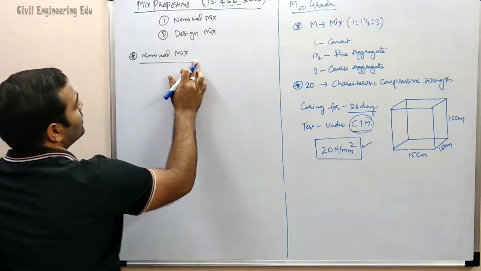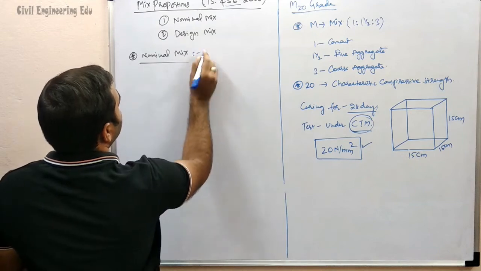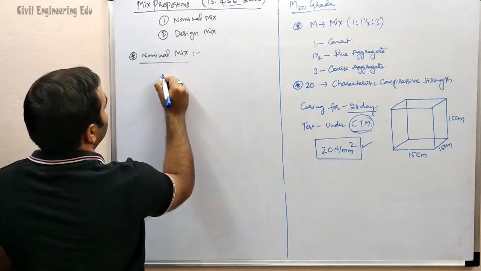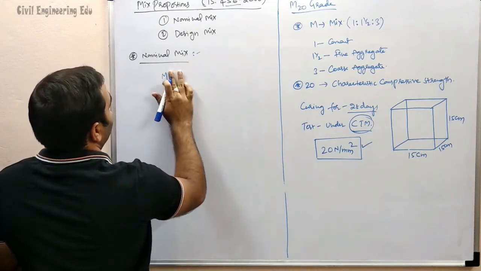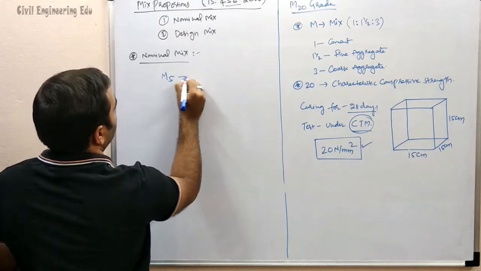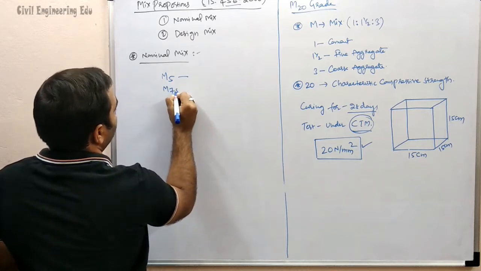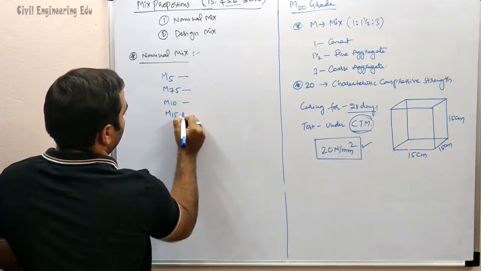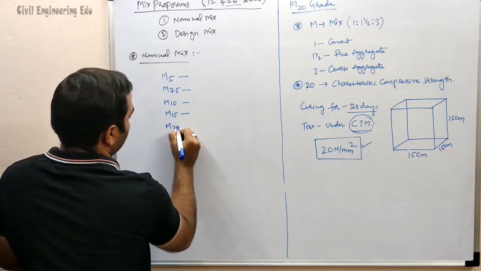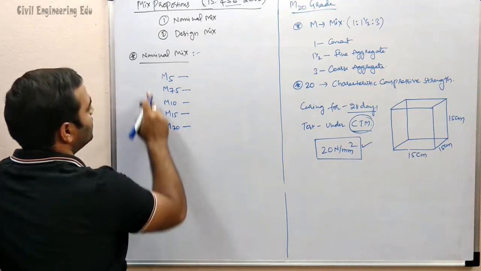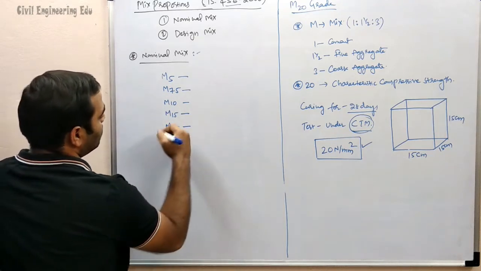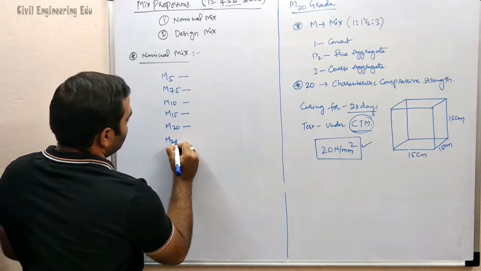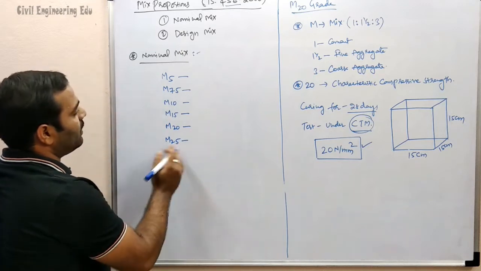So small construction projects, in the sense we use the grades from M5, M7.5, M10, M15, M20. So these are the general grades. Additional to this one, in some cases we use M25 also.